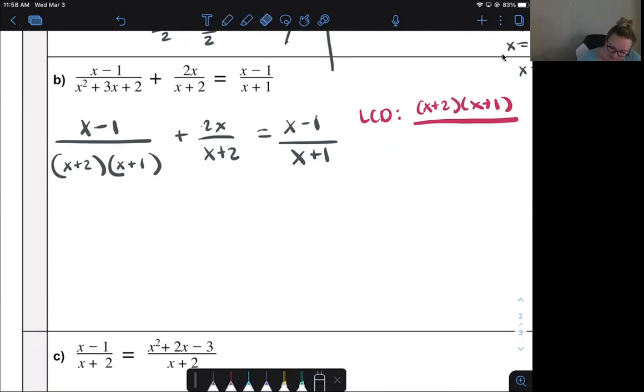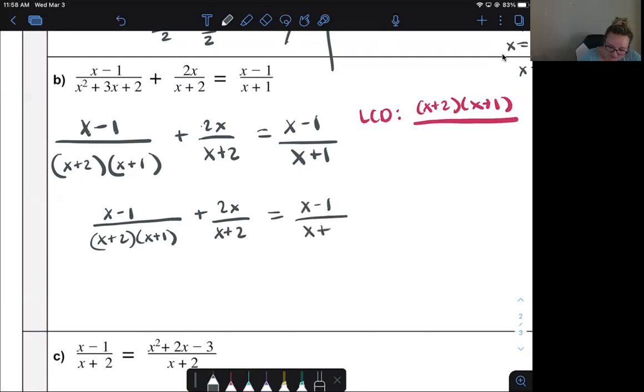So we have x minus 1 over x plus 2 times x plus 1, plus 2x over x plus 2, is equal to x minus 1 over x plus 1. And we're going to multiply this whole thing by x plus 2 times x plus 1.